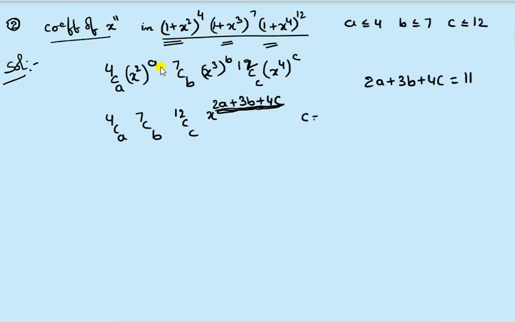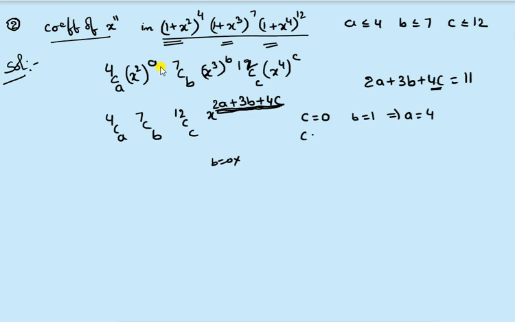First, I am taking c equal to 0. When c is equal to 0, what are the values of b? b equal to 0 is not possible. Why? Because with c 0 and b 0, you are getting a as a fraction, not possible. That's why I am taking b equal to 1. So b equal to 1 means you will get the value of a equal to (11 minus 3) by 2, that is equal to 4.